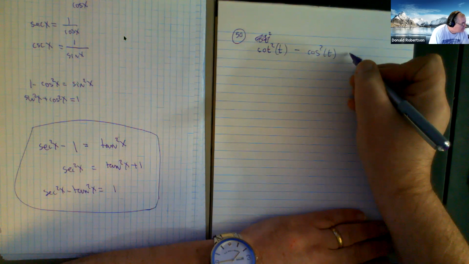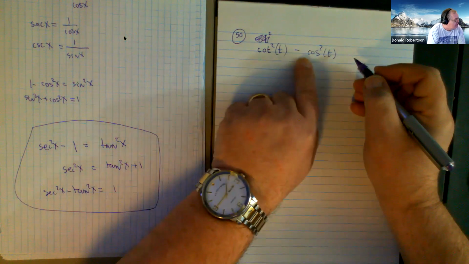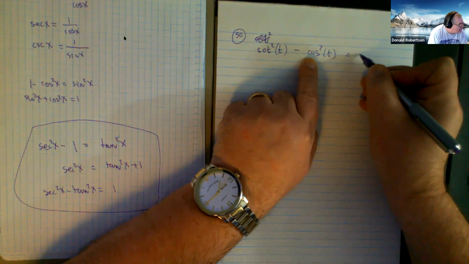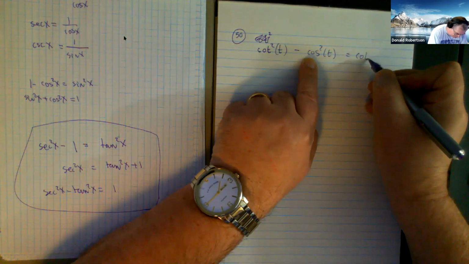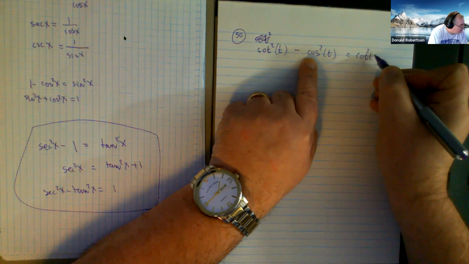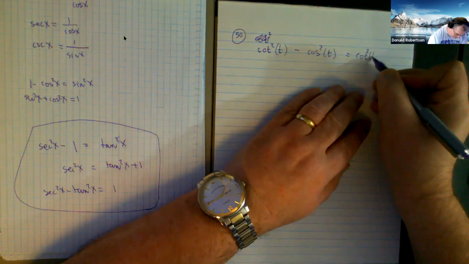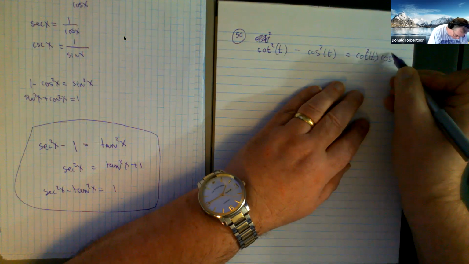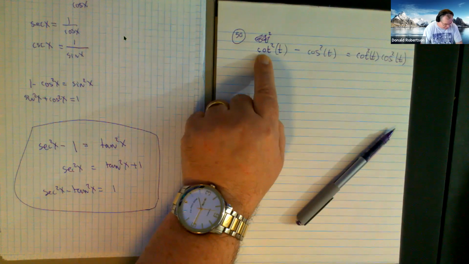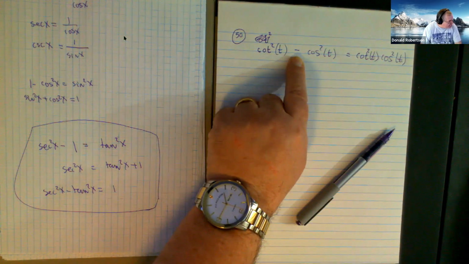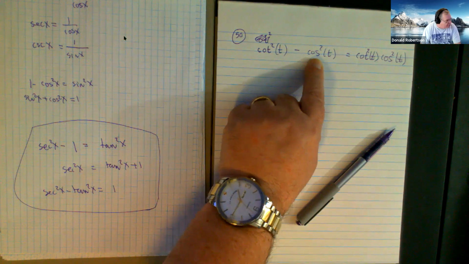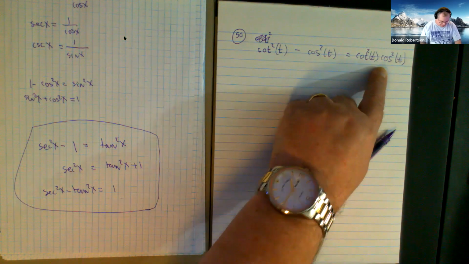And according to them, that guy, take away that guy, is going to be cotangent squared t cos squared t. Let me double check that. Cotangent squared, take away a cos squared, is going to be a cotangent squared, yeah, times a cos squared.